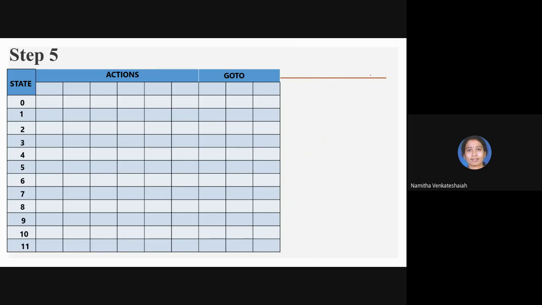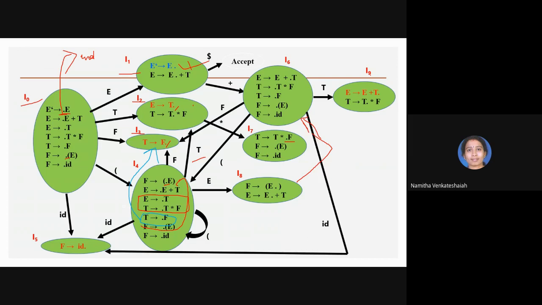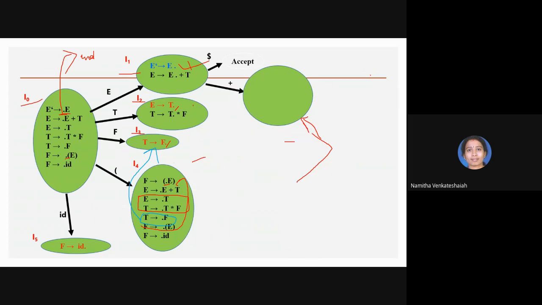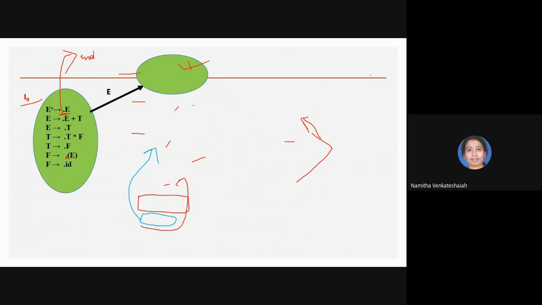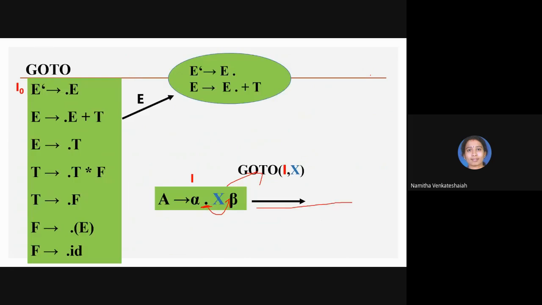We are writing here step 5. I'll repeat what steps we covered till now. What is the first step we did? The first step we did is rewriting and numbering. The second thing we did is find the first and follow. And the third thing we did is converting into augmented grammar.